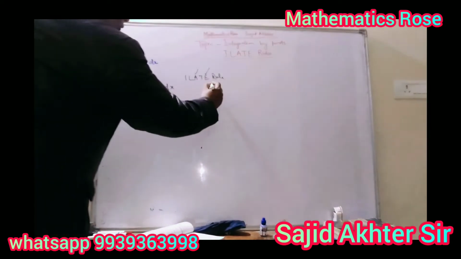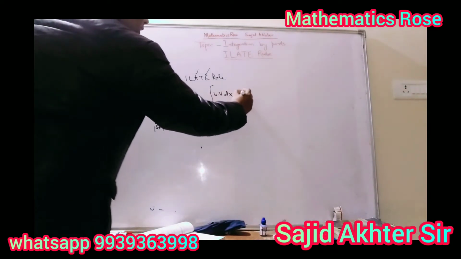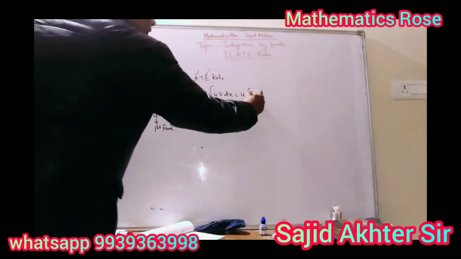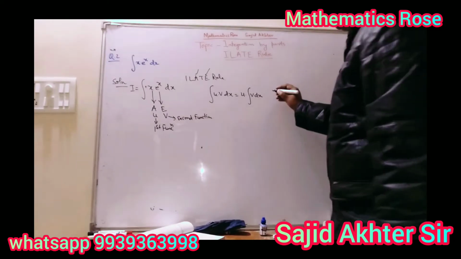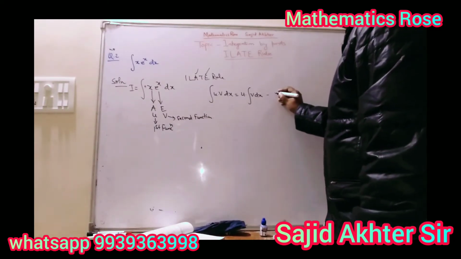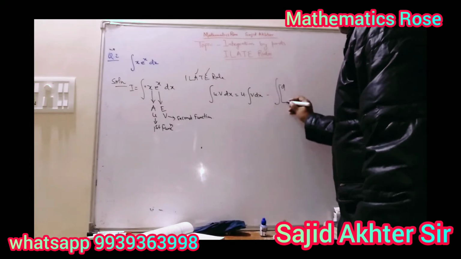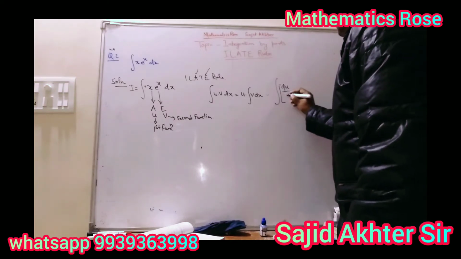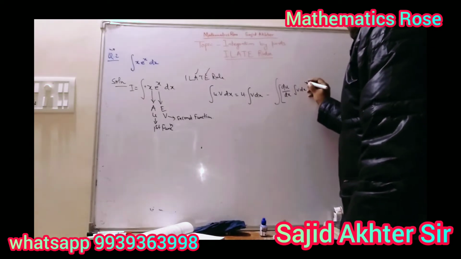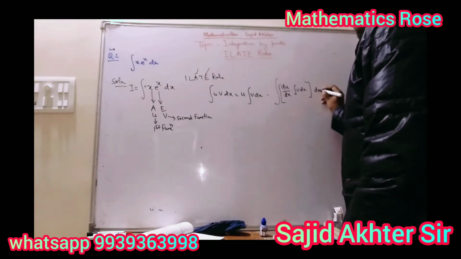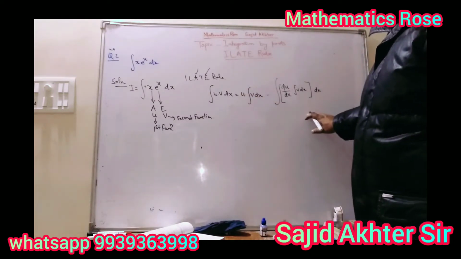So we will use the formula of integration by parts: the integral of u into v dx is equal to u times the integral of v, minus the integral of the differentiation of u with respect to x into the integration of v with respect to x, into dx. This is the integration by parts formula.